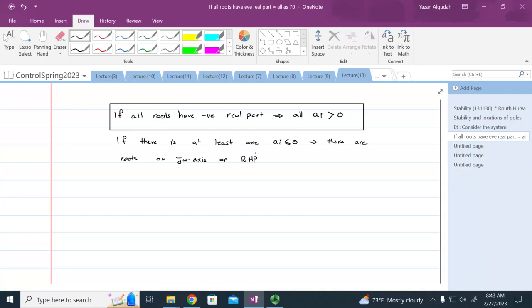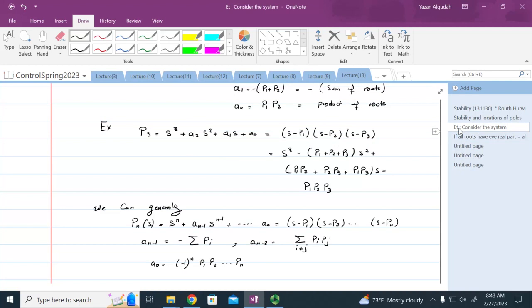So if I look back at the generalization here, if this term is 0, the only way this term is going to be 0 is if one of these is a 0, isn't it? The same thing applies to all the coefficients. And if any of these coefficients is negative, the only way it's going to be negative is if one of the p_i's is going to be positive.